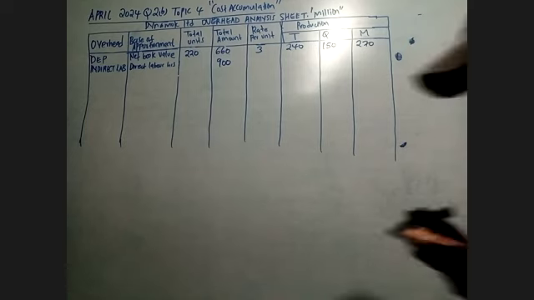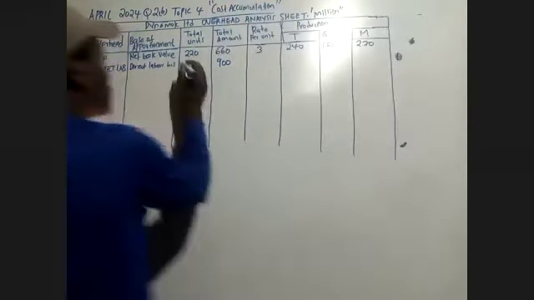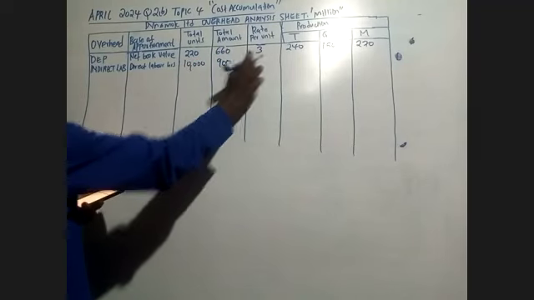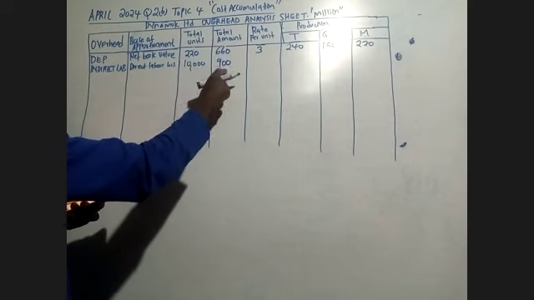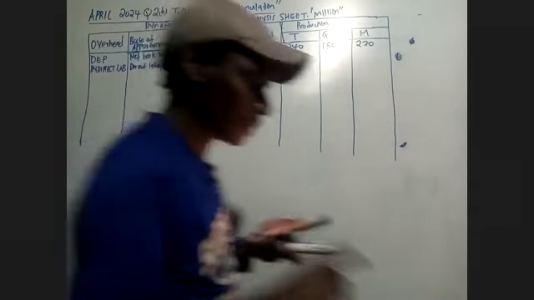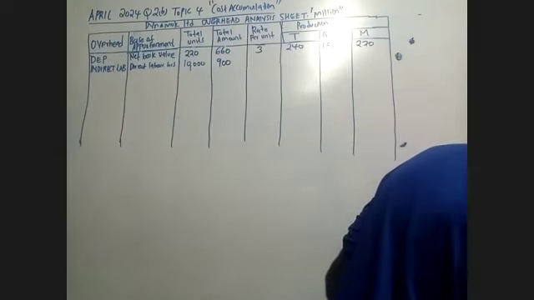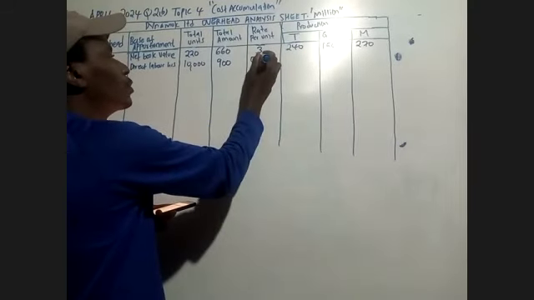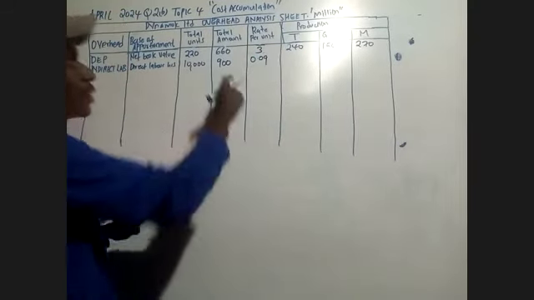Sawa sawa. Aya. We divide, so total amount divided by the units. So 900 divided by 10,000. 0.09.